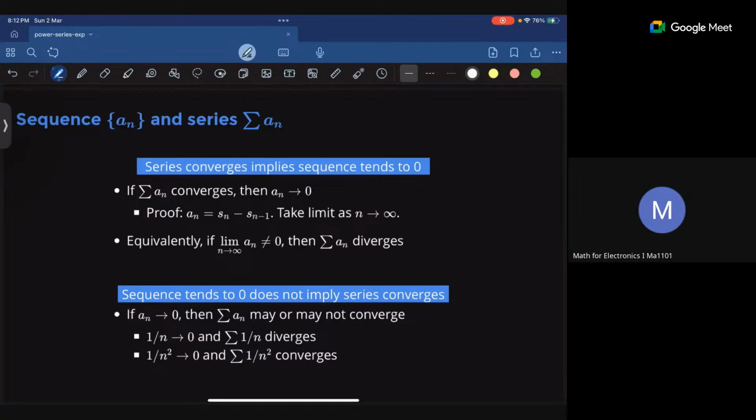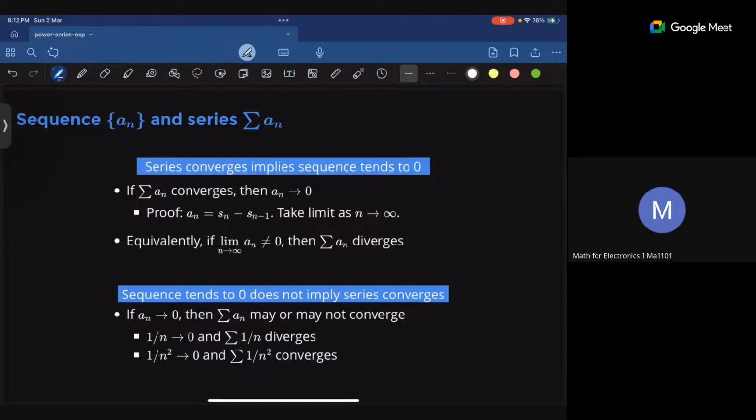All right. Hope my screen is visible to all of you. And let's begin. So, in the last session, we were talking about series and how they are generated from sequences. And then we have seen some very well known series, which are geometric series and harmonic series, and 1 by n power q series also.